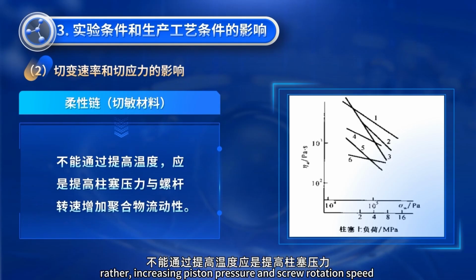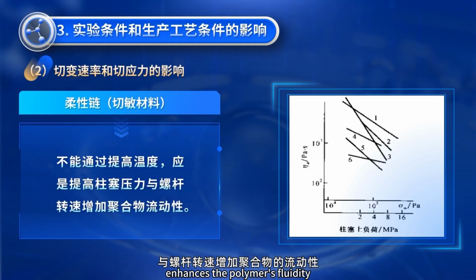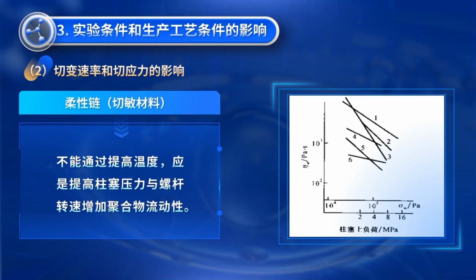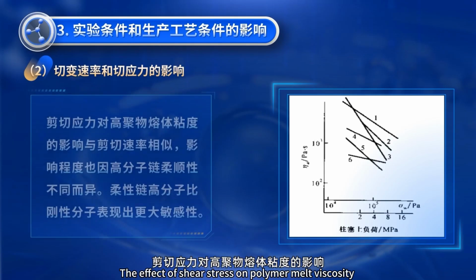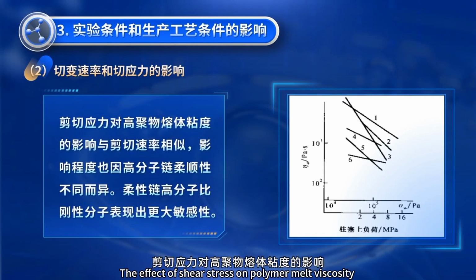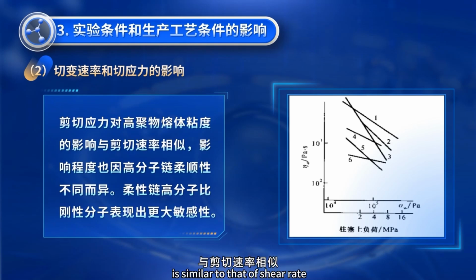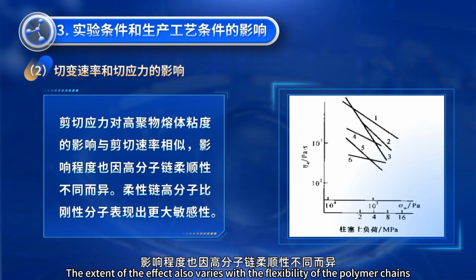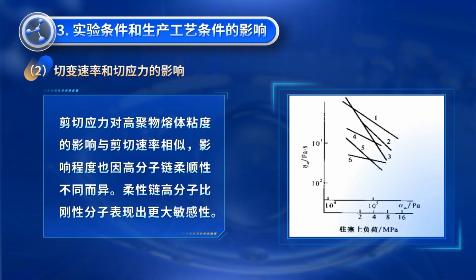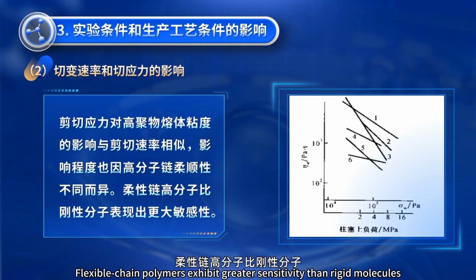Rather, increasing piston pressure and screw rotation speed enhances the polymer's fluidity. The effect of shear stress on polymer melt viscosity is similar to that of shear rate. The extent of the effect also varies with the flexibility of the polymer chains. Flexible chain polymers exhibit greater sensitivity than rigid molecules.